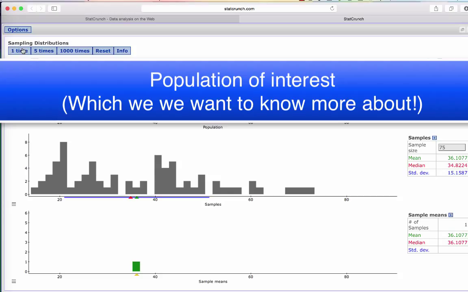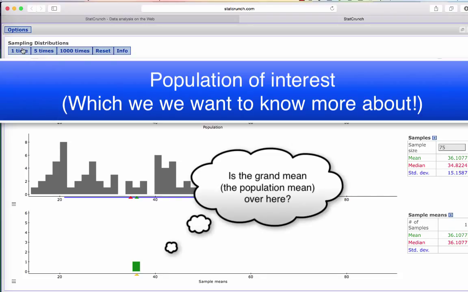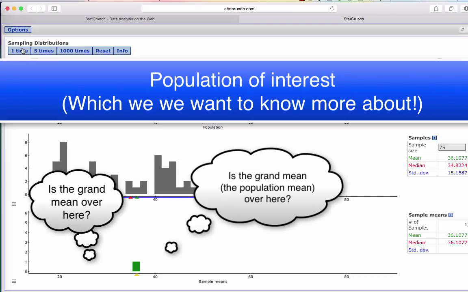So when I take this one individual sample, I don't know where it is relative to all other samples. I know it's somewhere on the sampling distribution, but is it going to be to the left of the overall grand mean or to the right of the overall grand mean? And how do I know how far away it is? This is where confidence intervals come in.